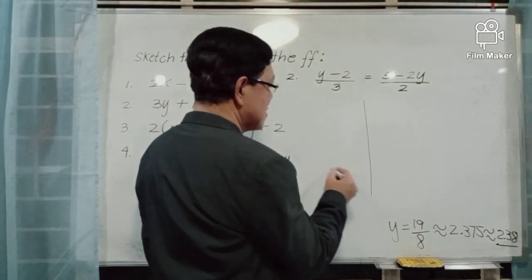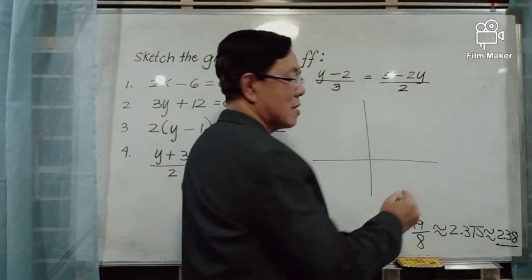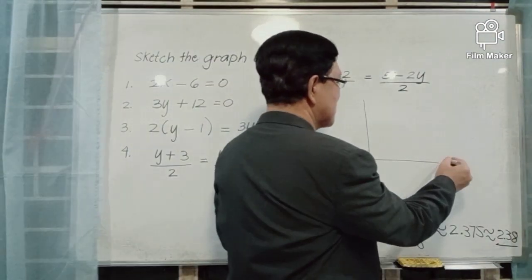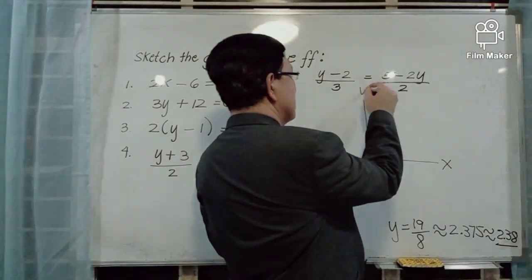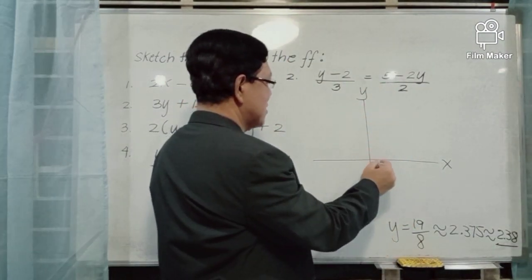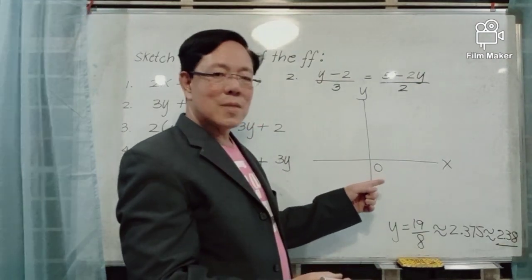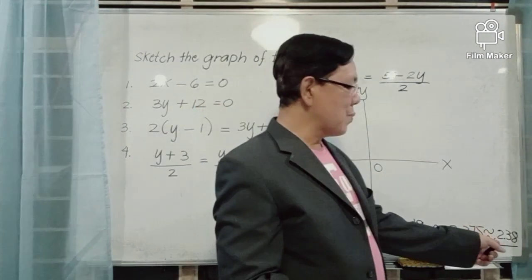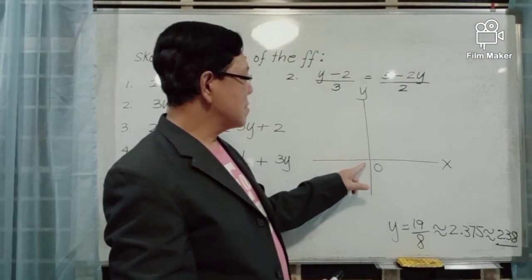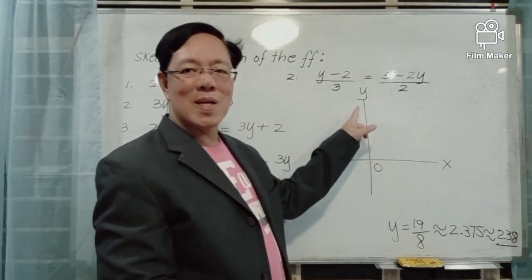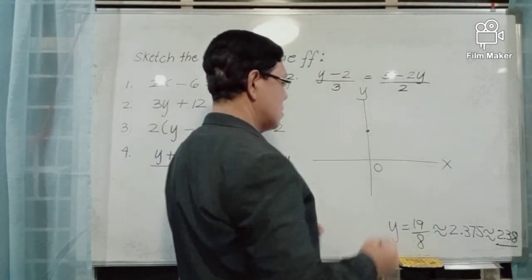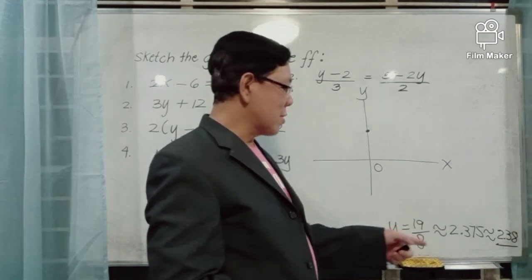The graph is constructed in the Cartesian plane with the horizontal axis denoted by x, the vertical axis is denoted by y, and at the intersection is the origin. We approximate 2.38 units from the origin and going upward. Suppose this is the point or the number 2.38.